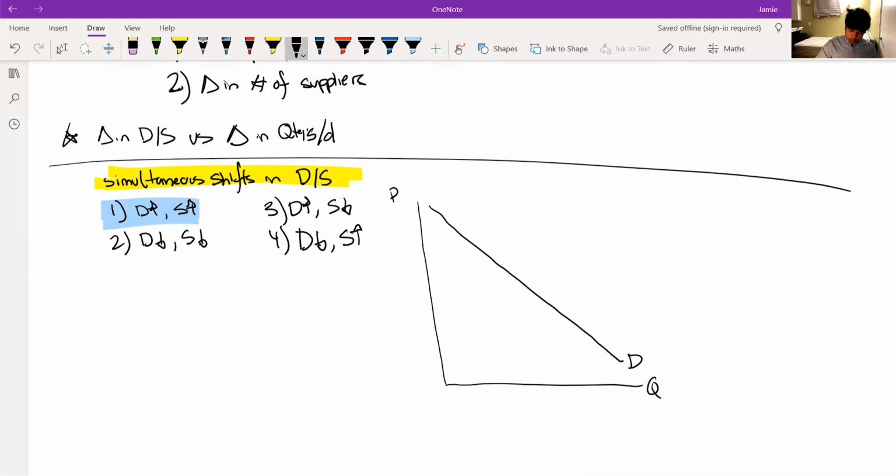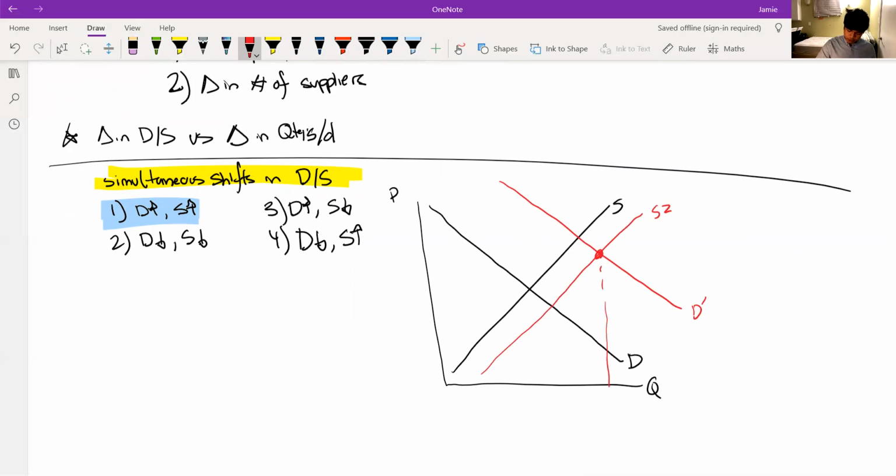Demand and supply. So again, let's say demand shifts up by a lot, and then there's a marginal shift in supply. The equilibrium is going to be right here, right? Off the bat, what can we conclude?